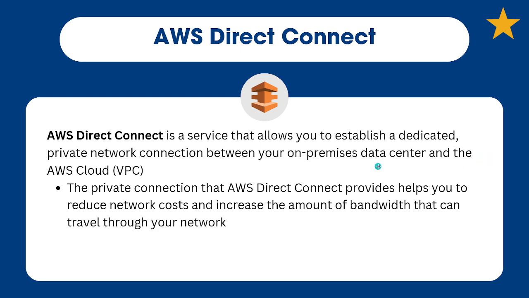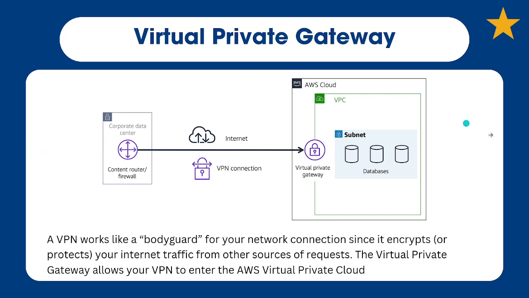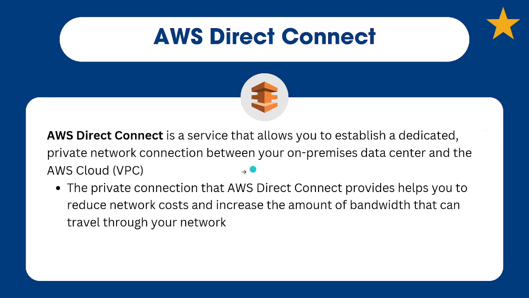All right, so let's talk another way to connect, and that's going to be AWS Direct Connect. So it's a service that allows you to establish a dedicated private network connection between your on-premises data center and the AWS cloud. So this service is a virtual private gateway service. So it's going to allow you to make that connection.